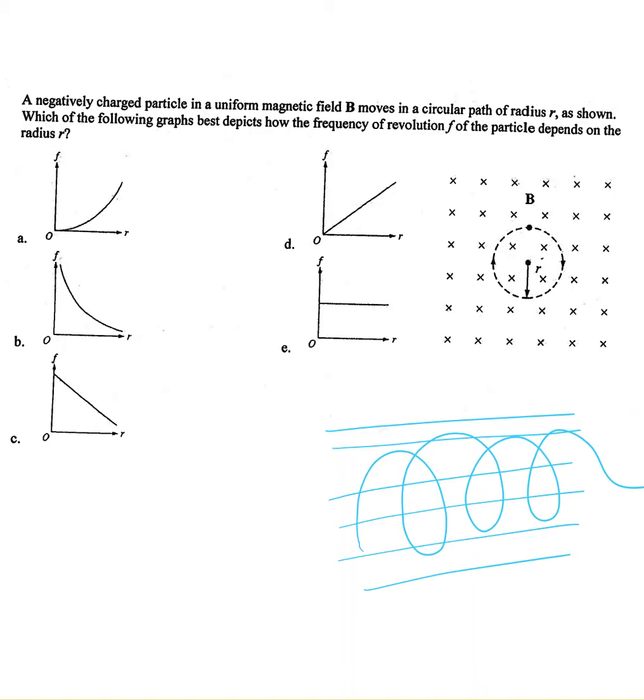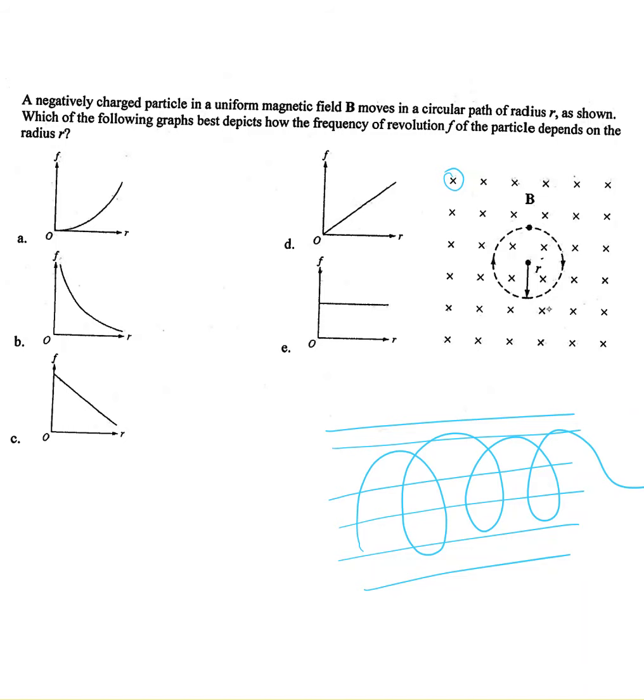Now the question is, a negatively charged particle in uniform magnetic field B moves in a circular path. So assume that this is moving in a circular path. The cross indicates that the magnetic field is going into the screen, and here is the velocity.